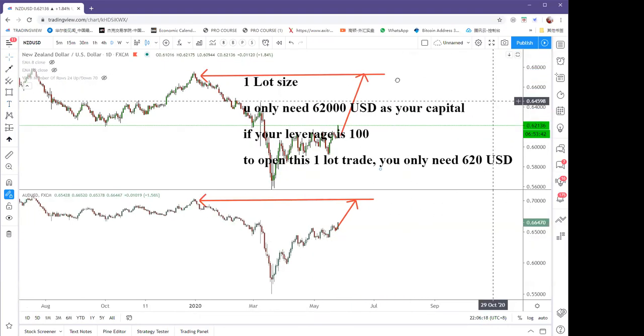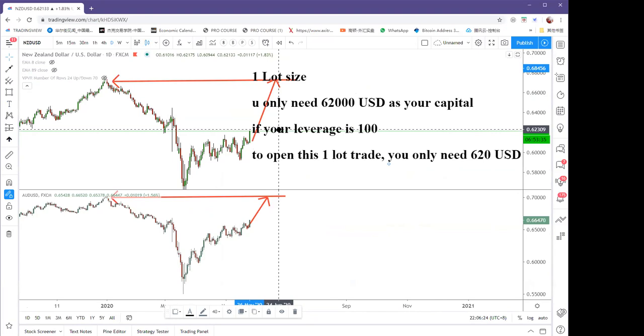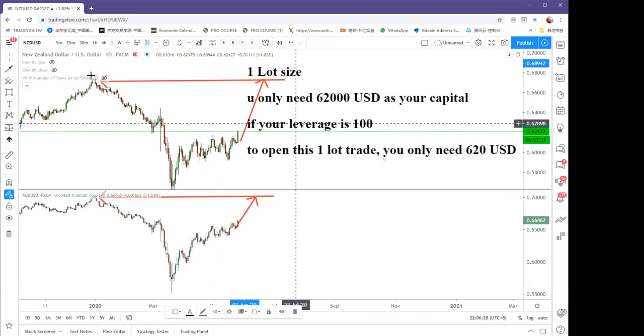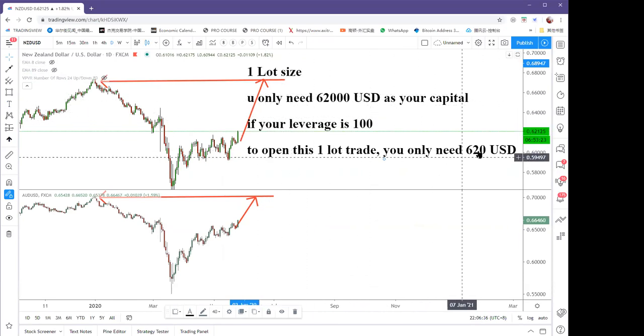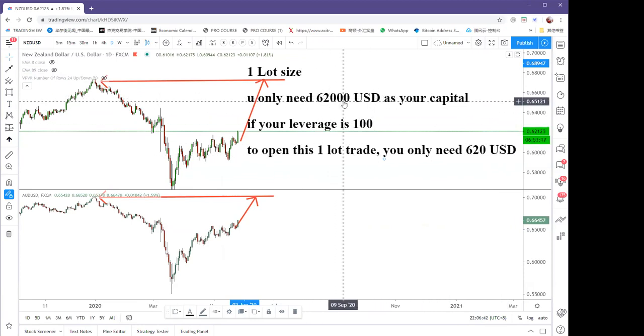That's the beauty of the Kiwi dollar, because Kiwi is the cheapest currency. Of course, we know the yen is also very cheap, but the Kiwi is really very cheap. It's only 62% of $1. So the base currency is Kiwi dollar, one lot size is 100,000 Kiwi, which only equals 62,000 US dollars.